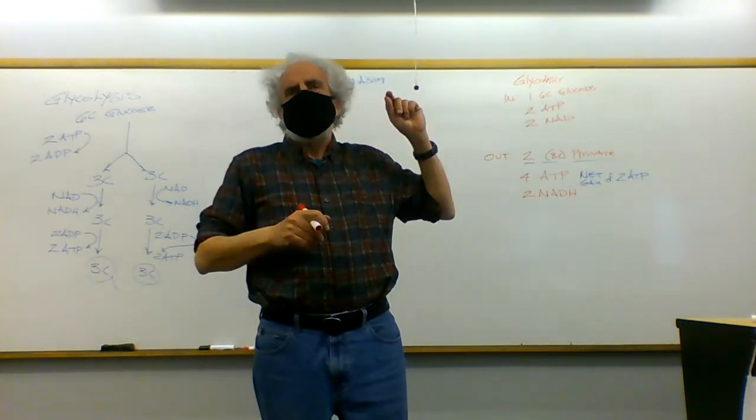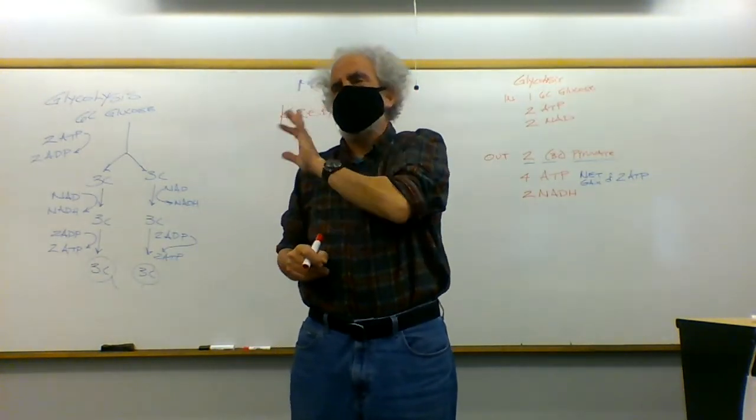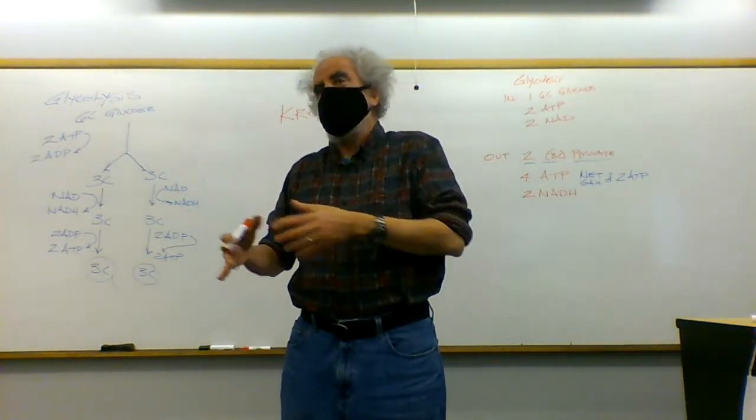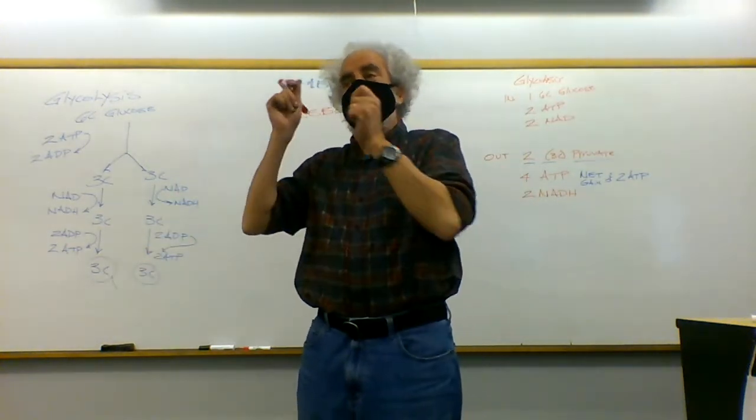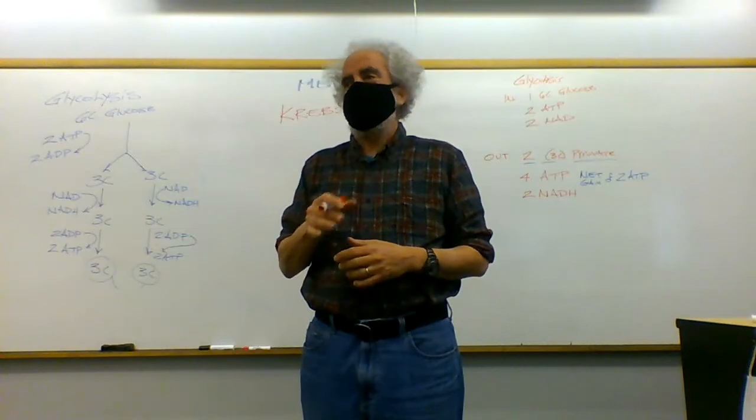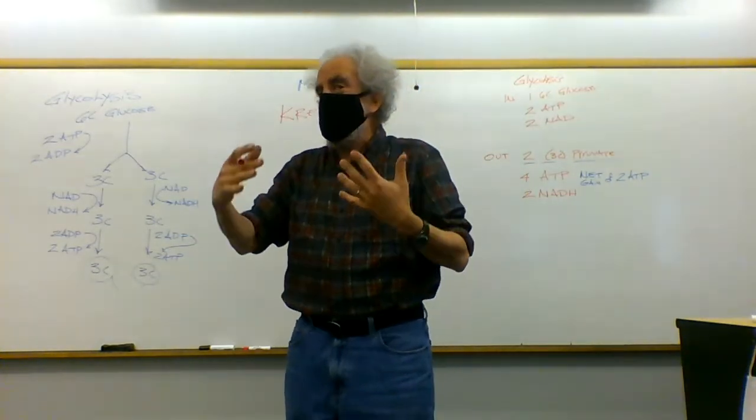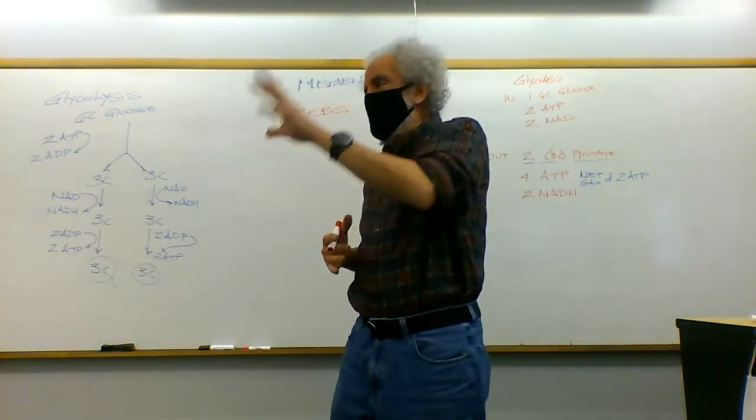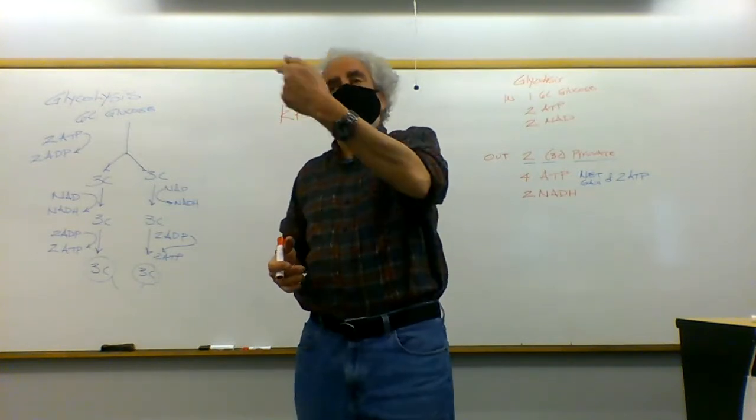Apparently, Krebs fled Germany after World War I to the UK, and he brought with him some of these very precious manometers, and he began carrying out experiments on looking at what was going on the next step.